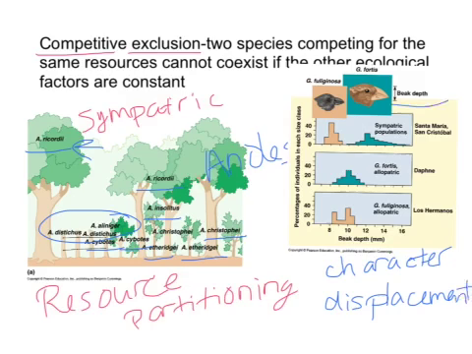The example here would be Darwin's finches and the bird beaks. As they were all living on the same island, eventually you started to get some divergence in this beak characteristic, which allowed them to eat different types of food.